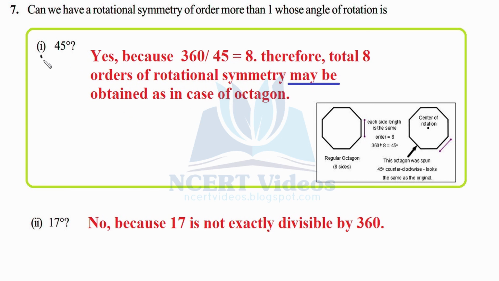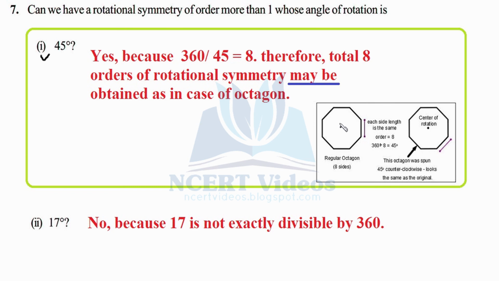That was first. And for 17 degrees, well, no, because 360 is not exactly divisible by 17. It's simple. If a number exactly divides 360, or when we multiply a certain exact number with a given number and it gives you 360 degrees, then only is rotational symmetry possible. Because what we are doing in rotational symmetry is just rotating it about a fixed point.